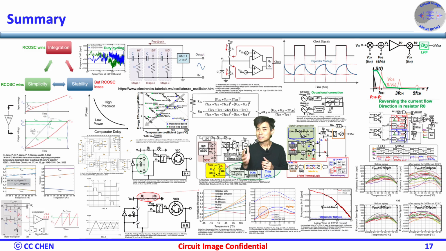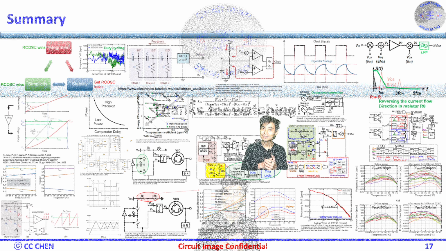For many applications, that's not just good enough, it's ideal. Crystal may win on absolute accuracy, but RC wins on integration and cost. With enough care, they can serve well even in challenging environments.